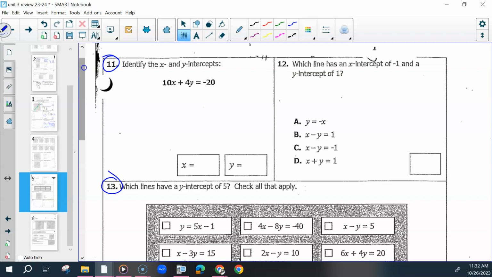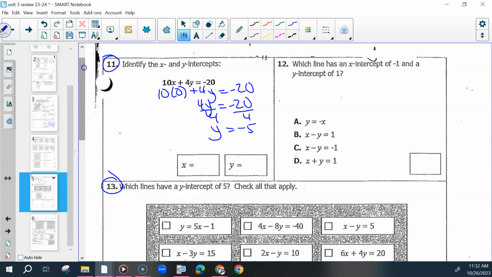Right, so with 11, we are identifying the x and y intercepts by putting 0 into one of the variables and solving for the other one. It does not matter which one we solve for first. So let's say I put 0 in for x and solve for y. Y would equal -5.